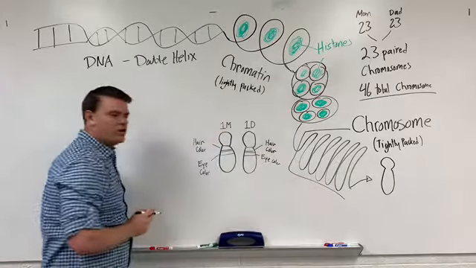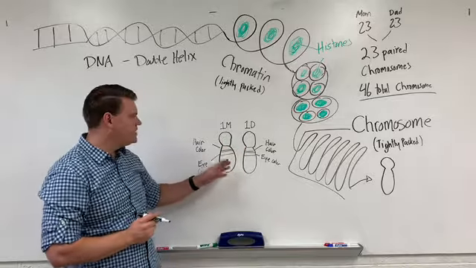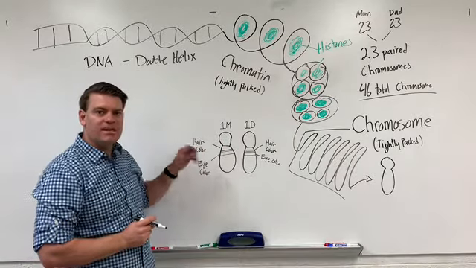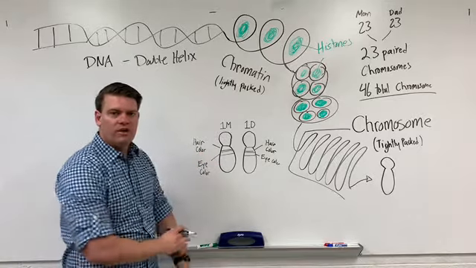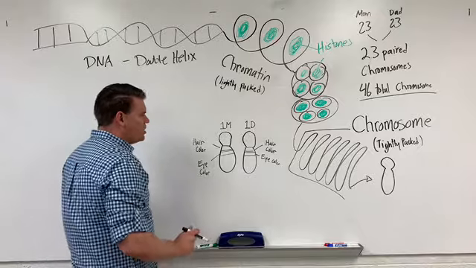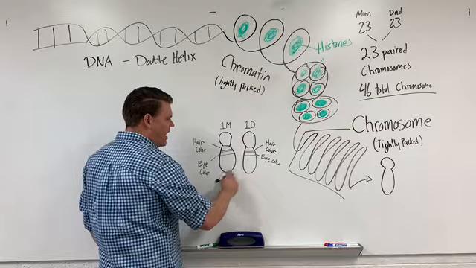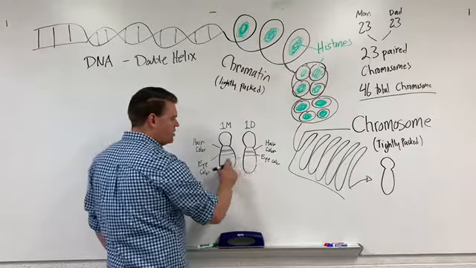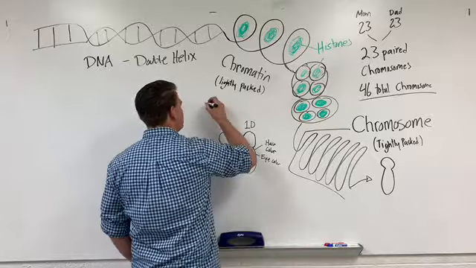And so what we noticed from chromosome number 1 that you got from your mom and chromosome number 1 you got from your dad, it has the same genes on there that code for different aspects of who you are. All right? So in other words, you're not going to see a height gene here and then no height gene here. It's always going to be the same. We call this homologous chromosomes.